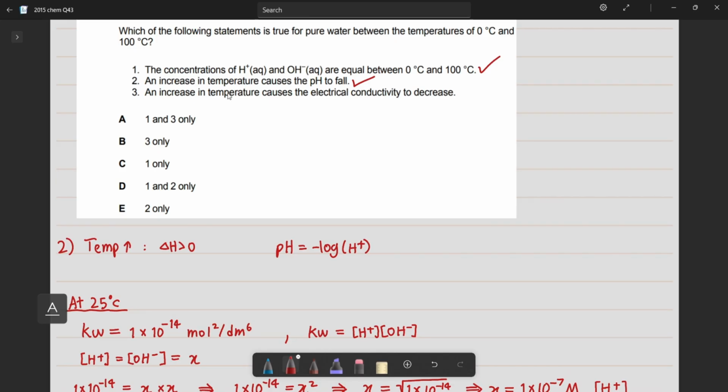Now moving on to option 3: an increase in temperature causes the electrical conductivity to decrease.